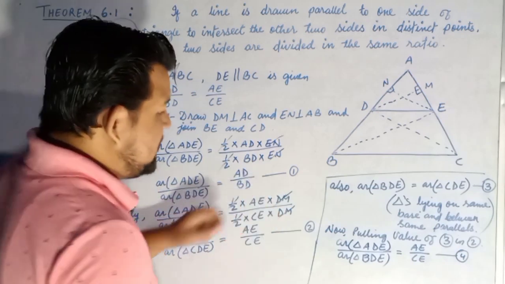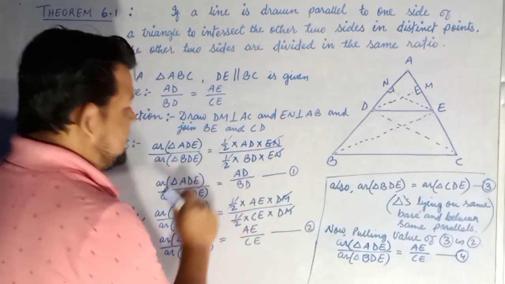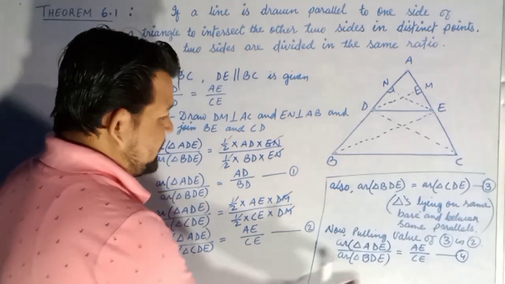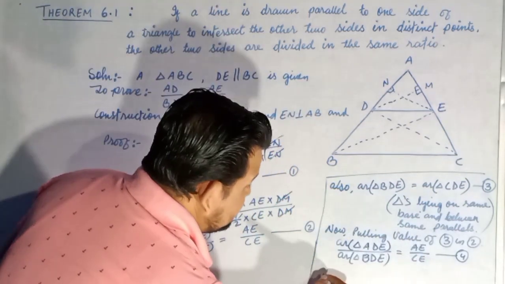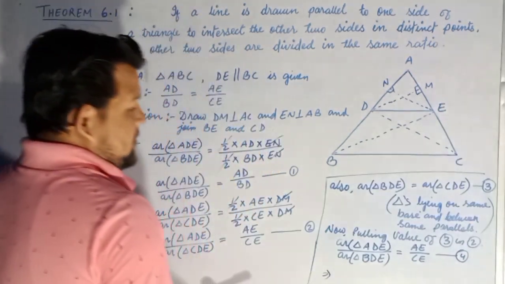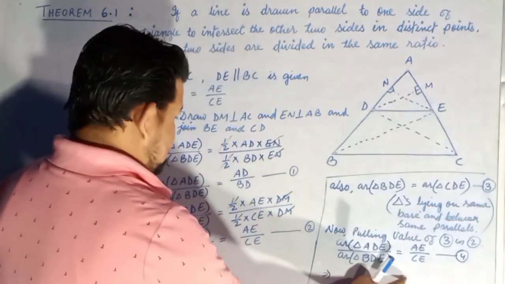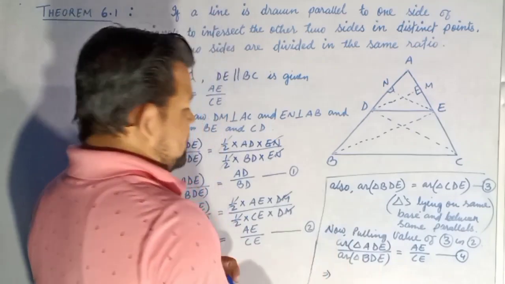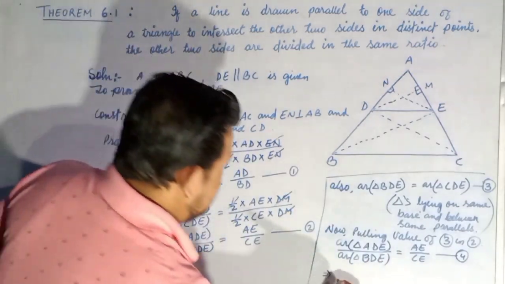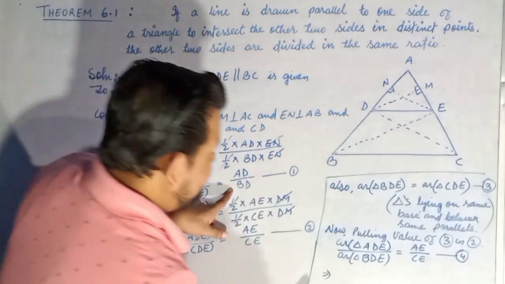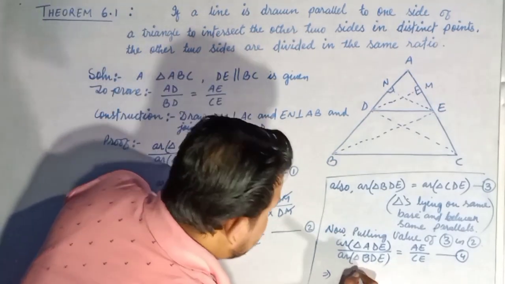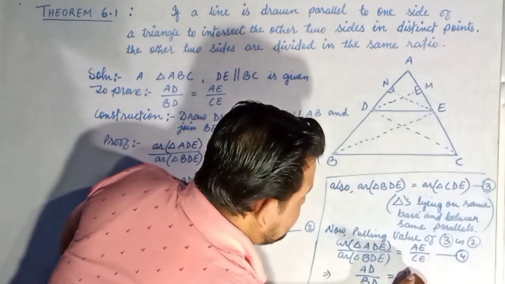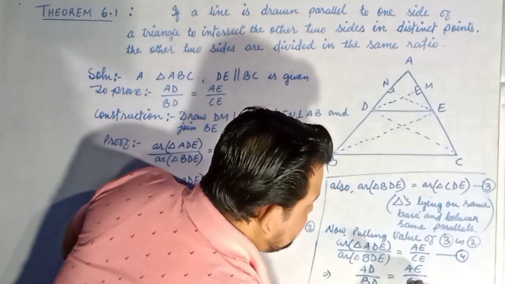So when I put the value of 1 in 4, in place of this I replace with AD by BD, and we get AD by BD equal to AE by CE.